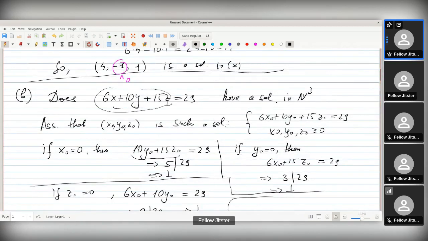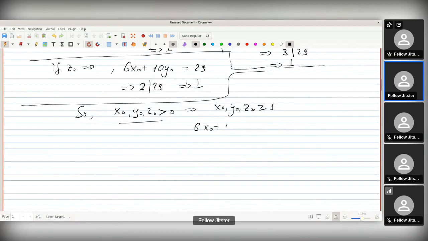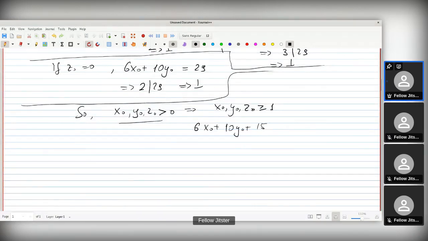It is greater or equal than 6 plus 10 plus 15. But this number is 31, which is clearly greater than 29. So this triple of numbers cannot make a solution.